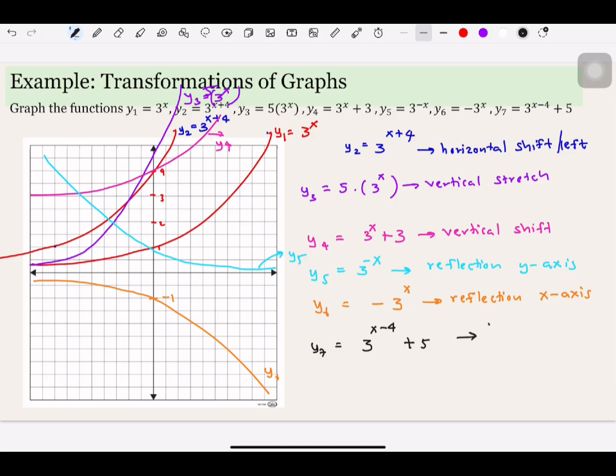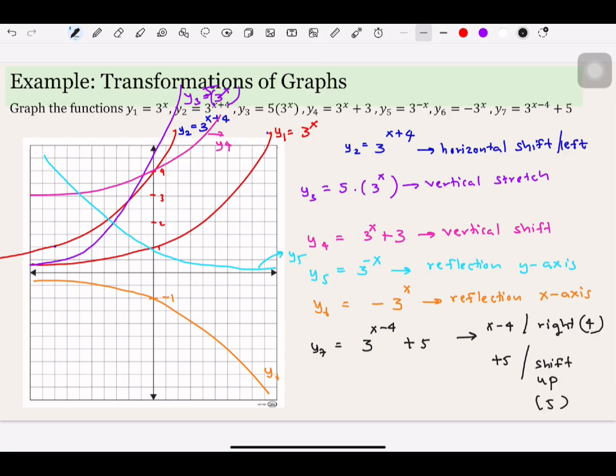So x-4 will shift the graph to the right by 4 units, and here you have plus 5. So plus 5 is a vertical shift. It's a shift upward by 5 units.